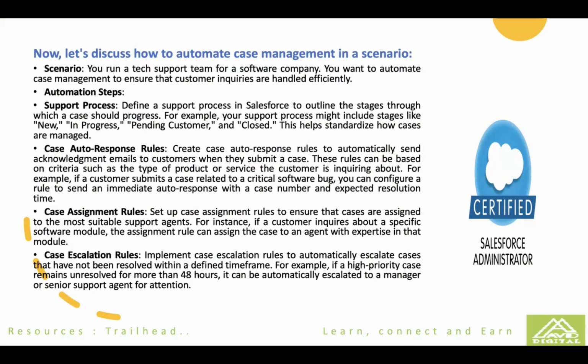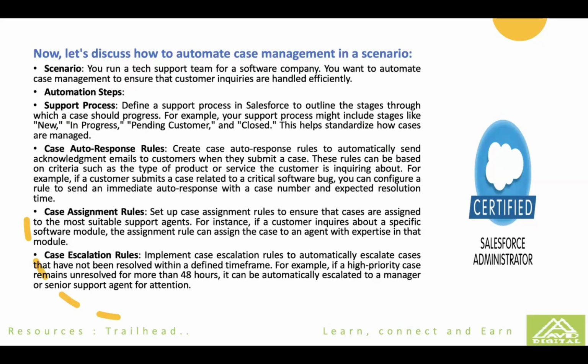The case escalation rules, the way I explained the case escalation rule the other time when we were discussing leads, that's the same way we can discuss case escalation rules. It simply means to automatically escalate cases that have not been resolved within a defined time frame.